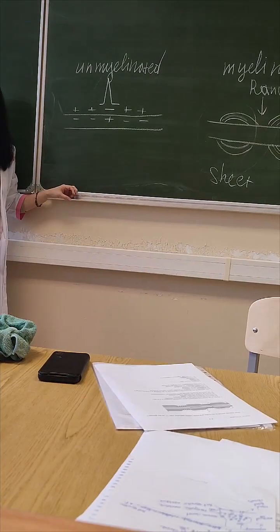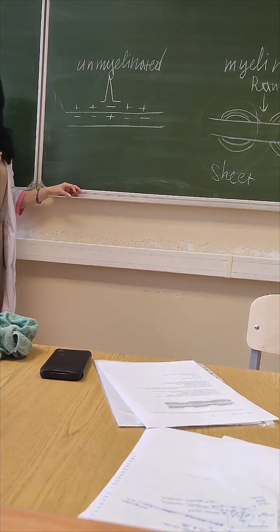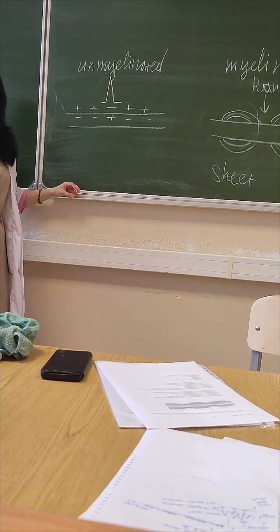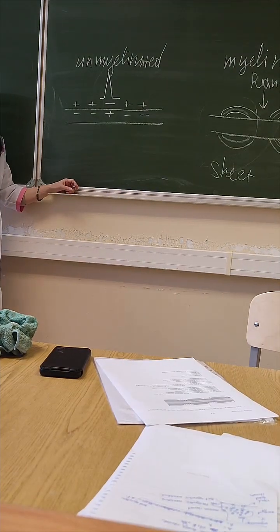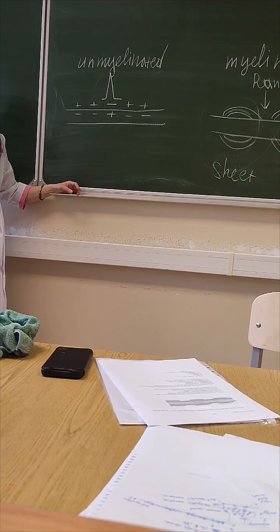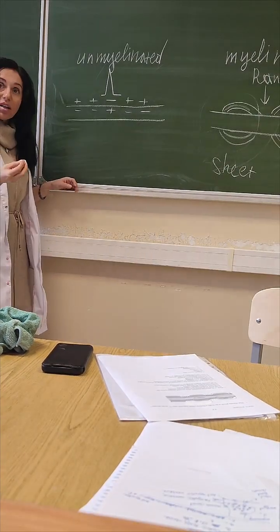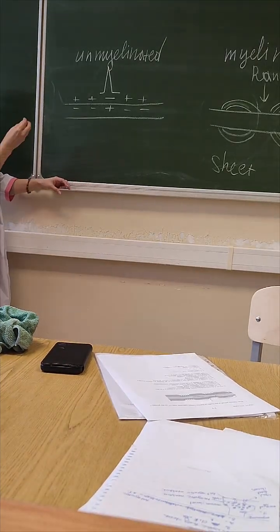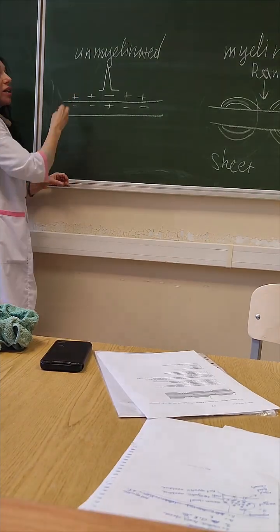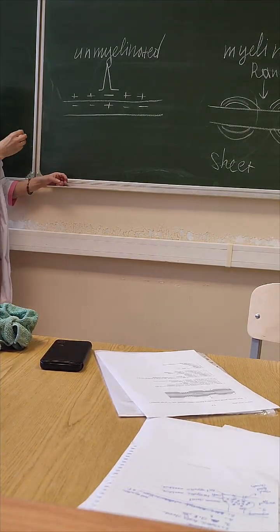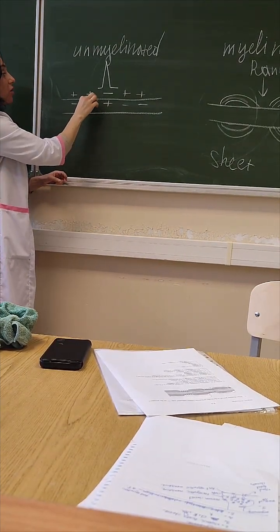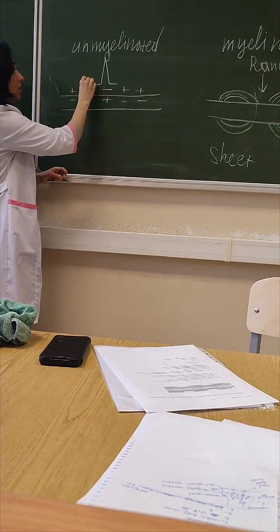So we have electrical current. What is the source of electrical current in living tissue? Electrons or ions? Ions. Positive ions, potassium or sodium. So we mark the direction of electrical current with an arrow from positive to negative.